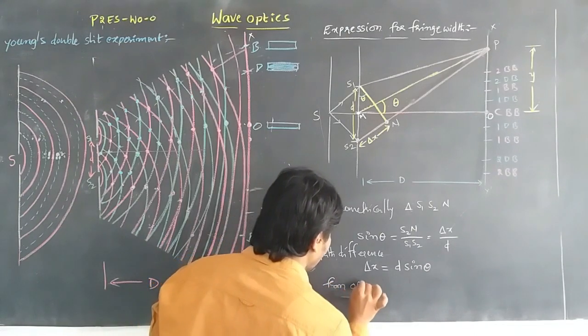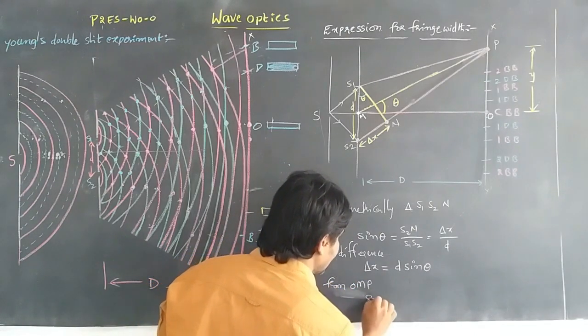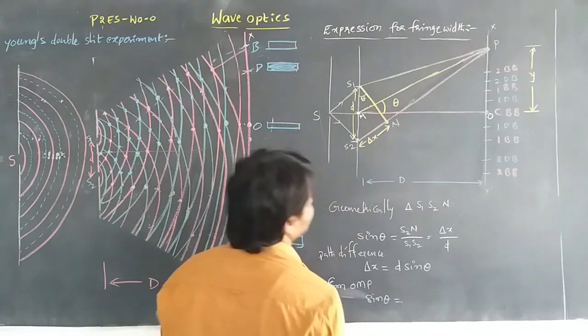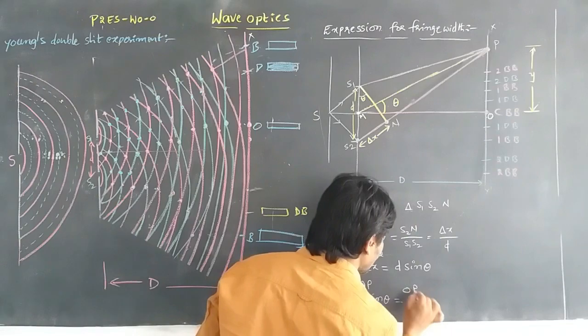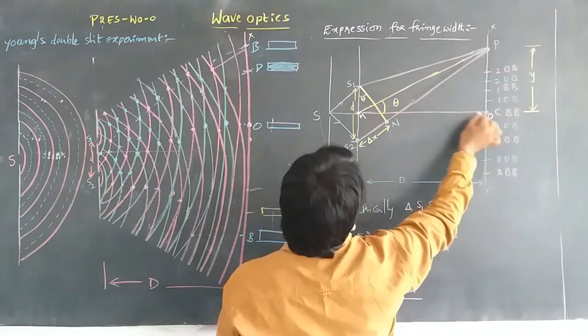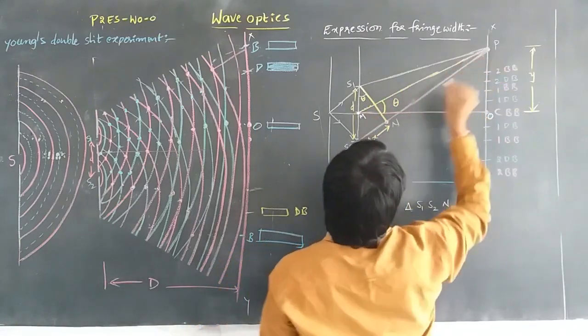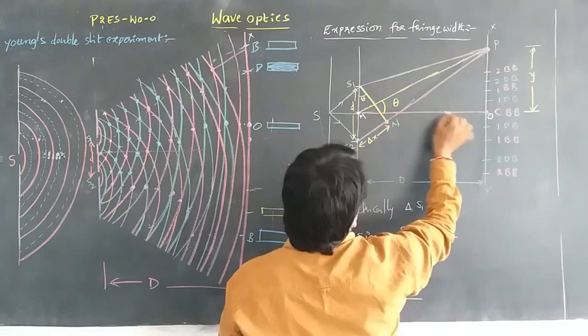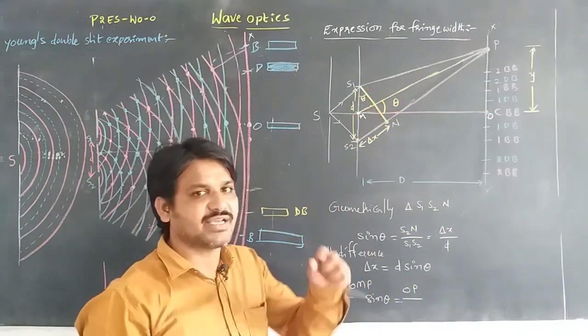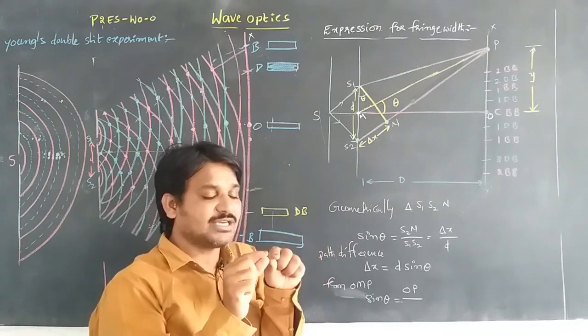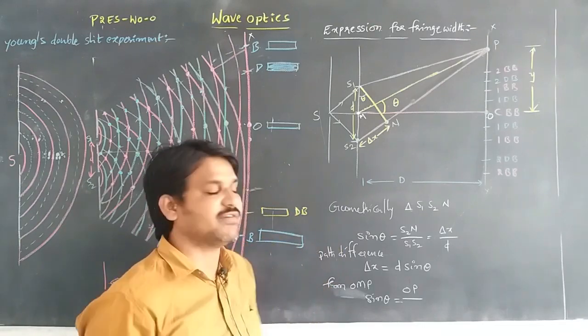From OMP, sin theta is equal to the opposite, which is OP, by the hypotenuse, which is MP. MP is nothing but equal to OM, because the slits are a very small distance apart, being coherent sources. So the path difference will be very small for small angles.